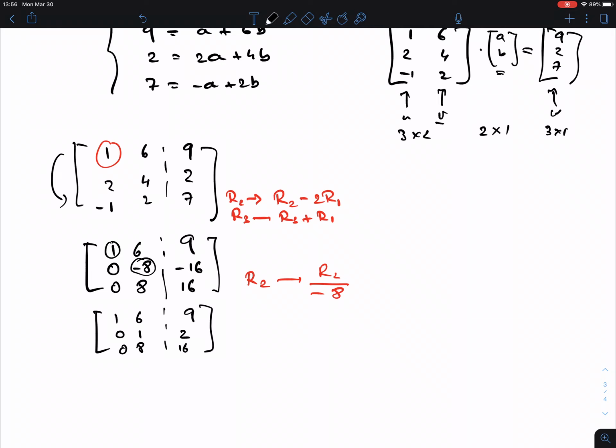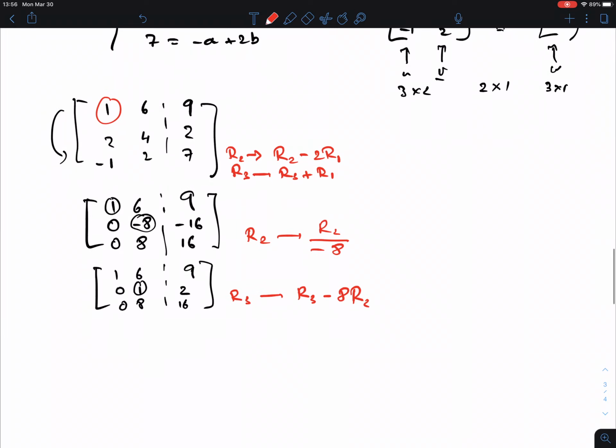And now using this pivot, I'm going to make the number 8 below it 0, and the row operation I'm going to do is replace row 3 by row 3 minus 8 times row 2. And what do I get? 1, 6, 9, 0, 1, 2. And so this now becomes 0, 0, minus 8 times 2 is minus 16, plus 16 is 0.